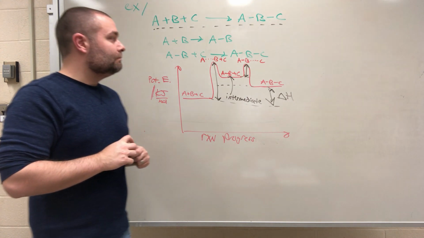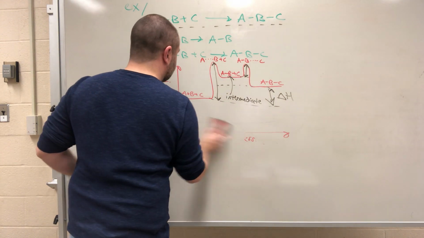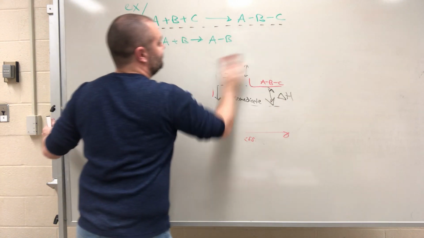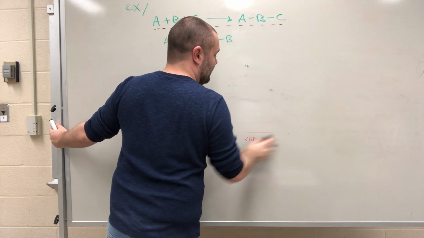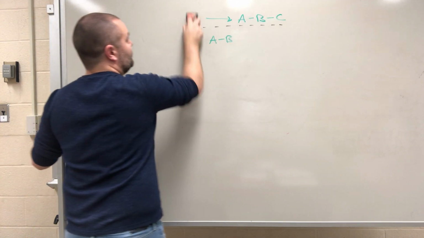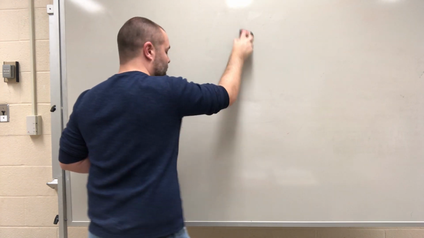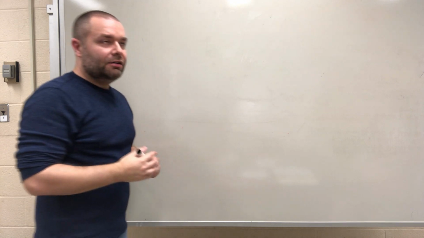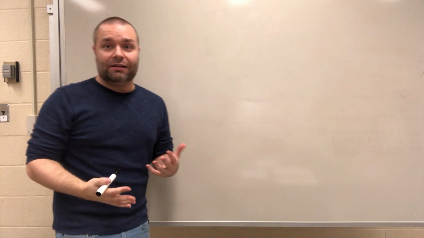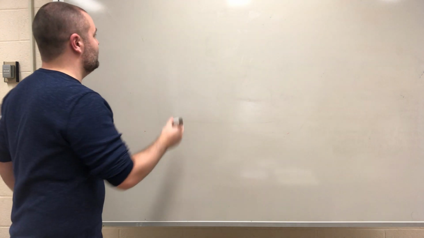There's one more thing I want to talk about real quickly, and that's catalysis and a catalyst. A catalyst is something you've heard of just from your experiences in the real world. We're going to start by getting a definition down for what a catalyst is, and then we're going to talk about how catalysts affect potential energy reaction coordinate diagrams.